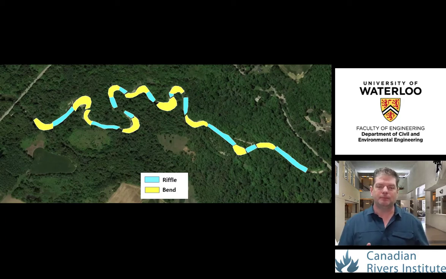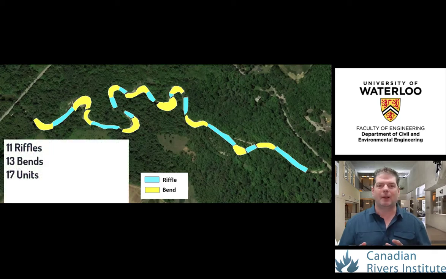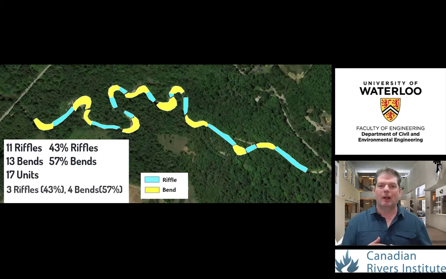Then we can enumerate the number of bends, riffles, runs, or whatever morphological features there are, and develop an idea of how many features there are along the length of the watercourse. Identify what percentage of the watercourse those features make up, and then choose a subset that represents roughly the same statistical patterns or features, and just sample that subset.